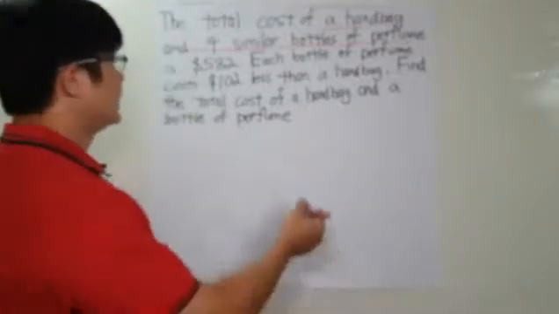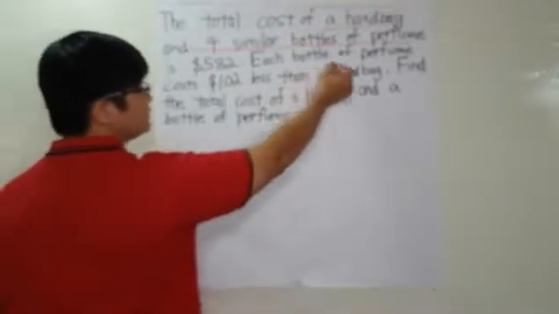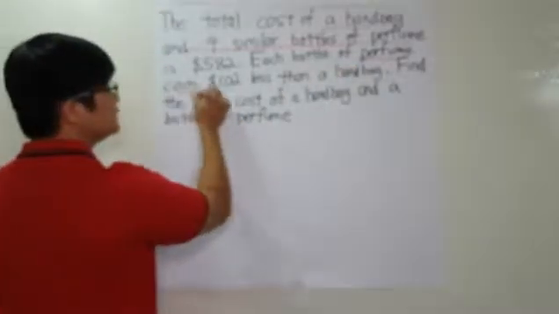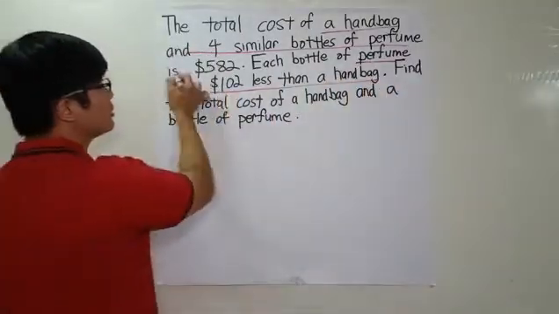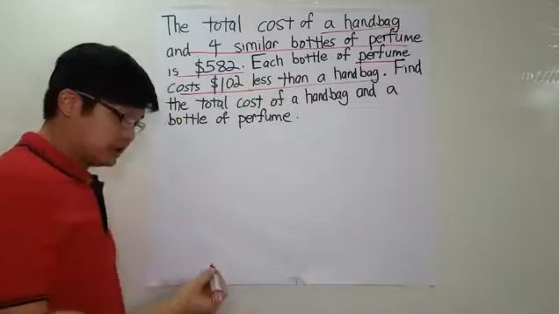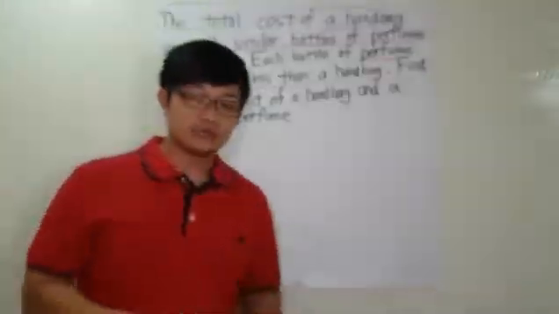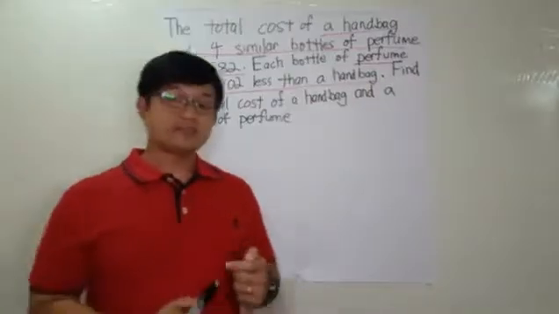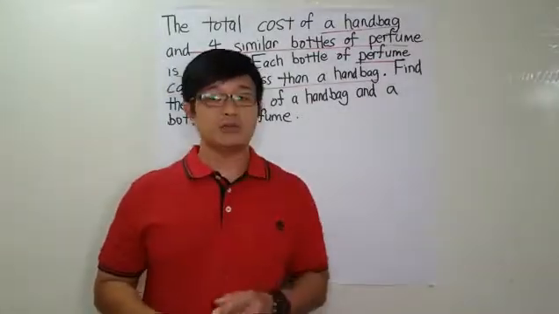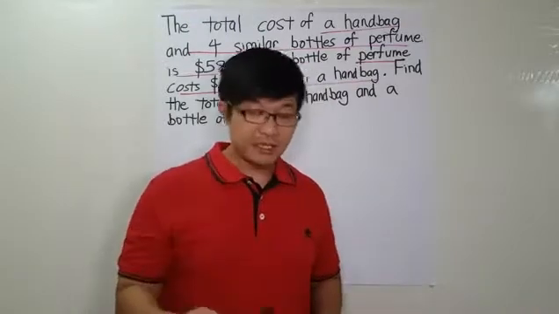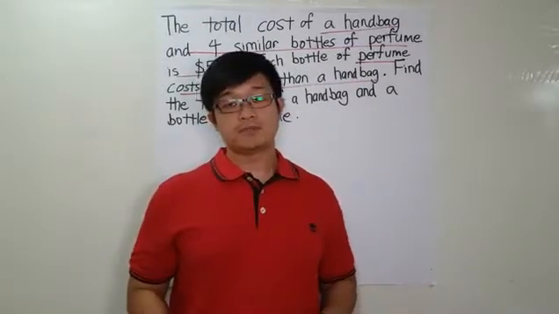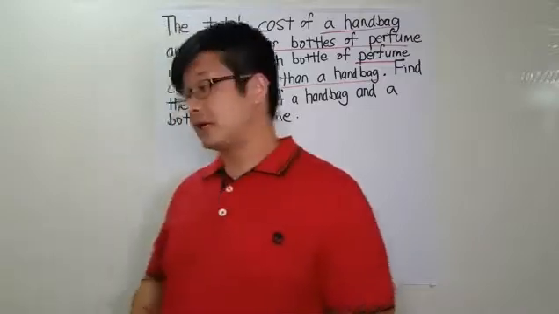Well, we know that the bottle of perfume costs $102 less than a handbag, and we know that they all cost $582. So now we ask our child, can we first start by drawing one comparison model between one handbag and 1 bottle of perfume? Why not? They would have learned this by now.